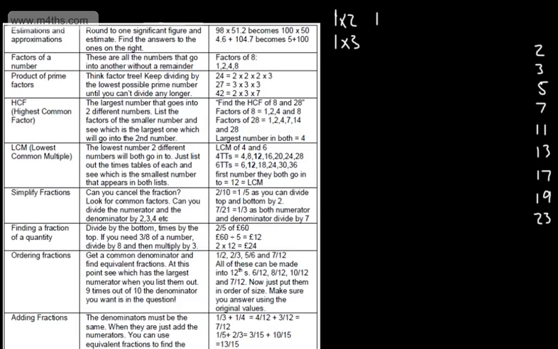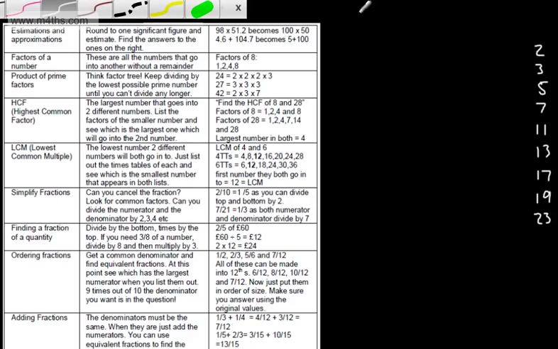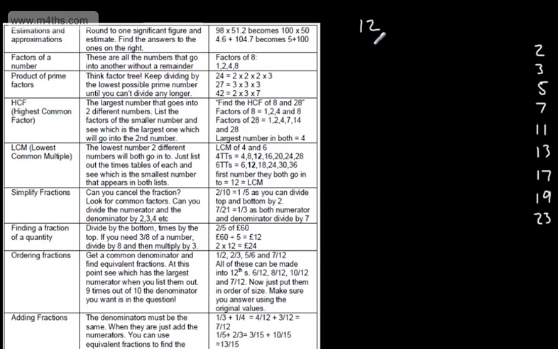So what we're going to look at then is product of prime factors. I'm going to take the number 12 and write 12 as a product of its prime factors. My first question is, can I divide it by the first prime number, 2? The answer is yes. That leaves me with 6. Can I divide 6 by 2?